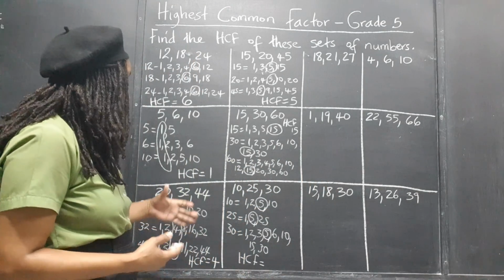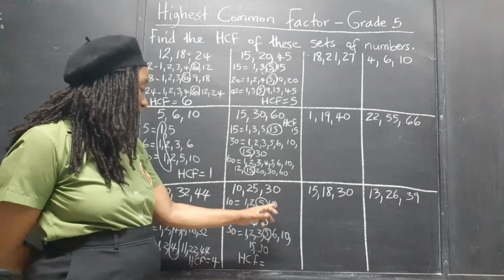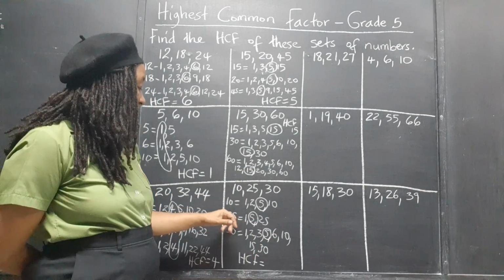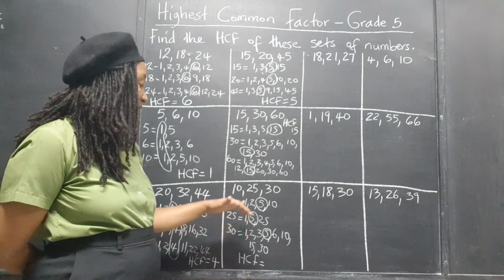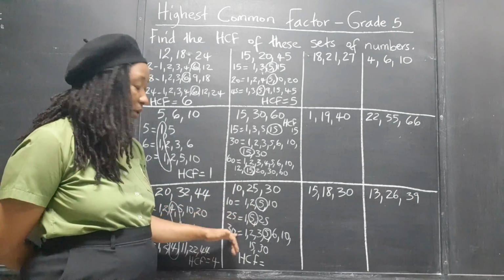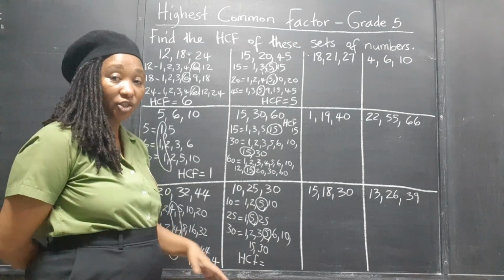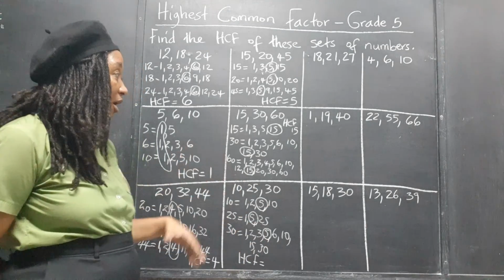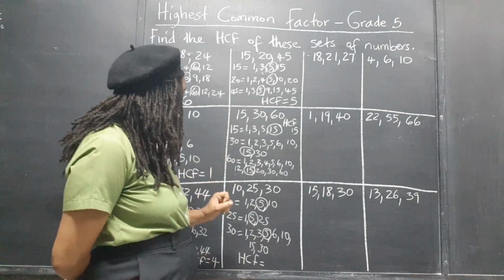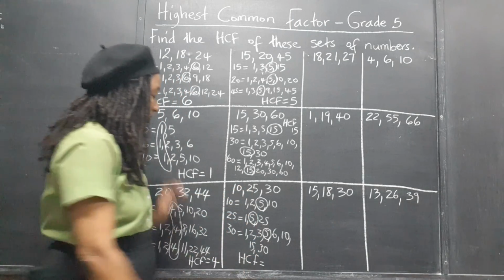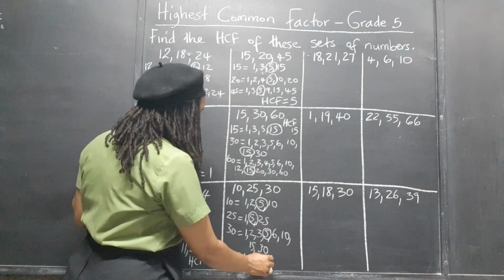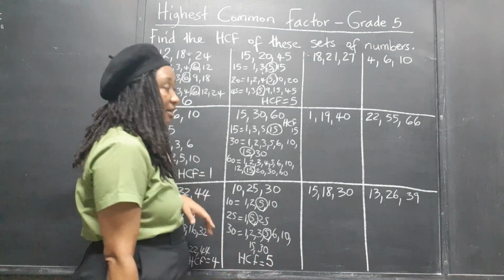So 10 is not common to all of them because 10 is not a factor of 25. For it to be a common factor, it has to be found in all of the ones given. Not just in 2 of them, in all of them. So the highest one that's in all of them is the 5. The HCF of 10, 25, and 30 is 5.